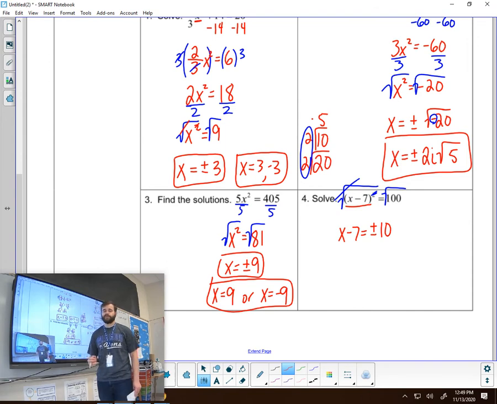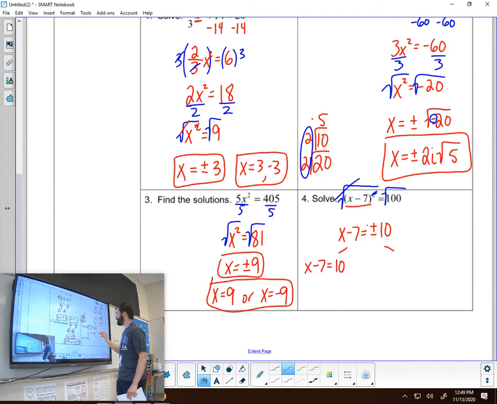Okay, so I still have something left over. So that means from this point, I need to switch my problem into 2 separate equations. We're going to split it into x minus 7 equals positive 10 for my plus, and x minus 7 equals negative 10 for my minus. So we get 2 very separate answers, but they're both valid.